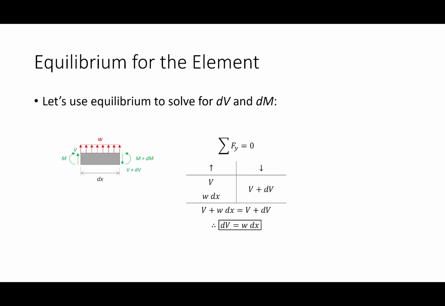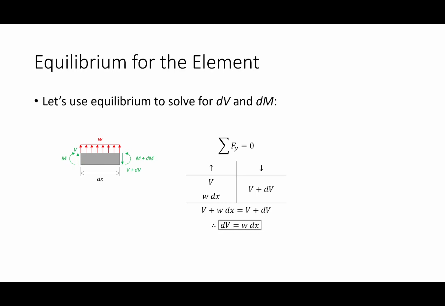Here's my free body diagram. What do I have going up? I've got V going up. Now look what I wrote here. I don't have W going up, I have W times dx. Why did I do W times dx? It's the area, like a centroid calculation. Remember when we had a distributed load, we would say the distributed load times the length to collapse that into a vector?